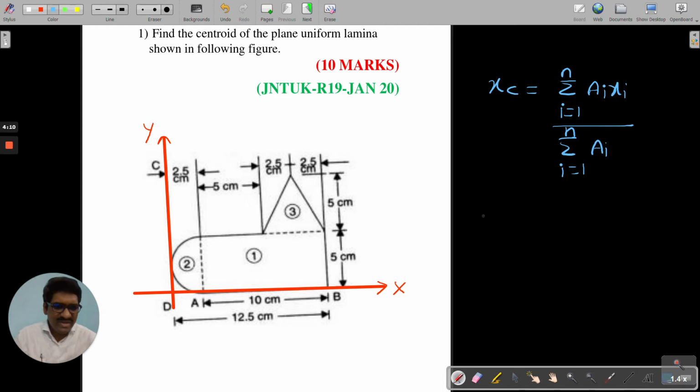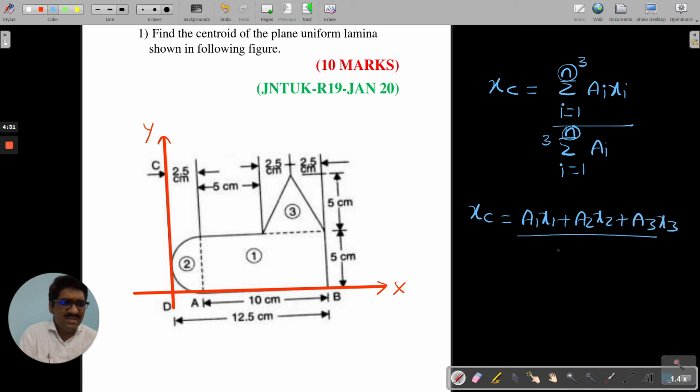Therefore, in place of n I can go for 3 maximum, and xc is equal to a1 x1 plus a2 x2 plus a3 x3, divided by a1 plus a2 plus a3.